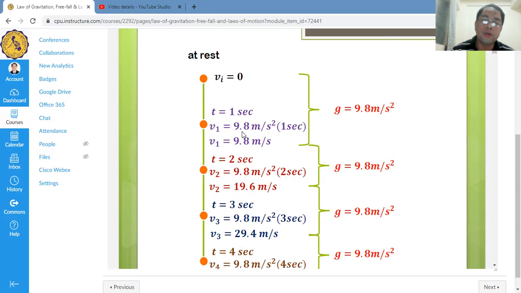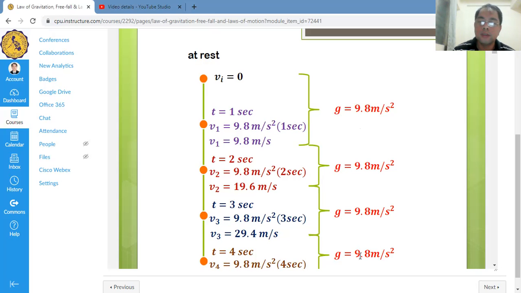If you get the difference, it is equivalent to what we call the acceleration, since acceleration is described as the difference in the velocities per unit time. So if you subtract the two velocities here, 19.6 minus 9.8, you'll get this constant value. This constant value is known as acceleration, but in this case, we call it the acceleration due to gravity.